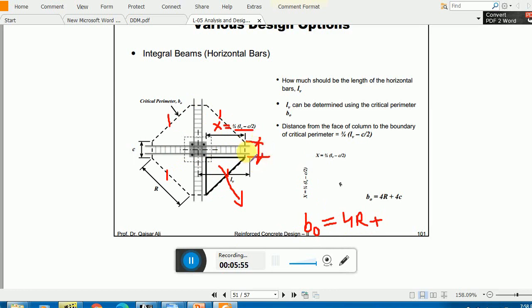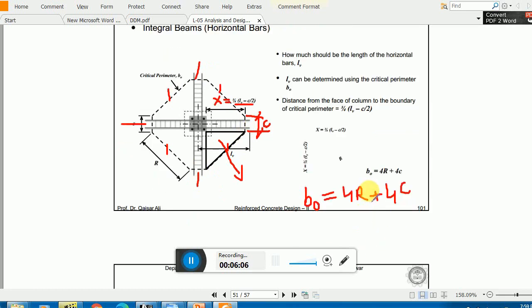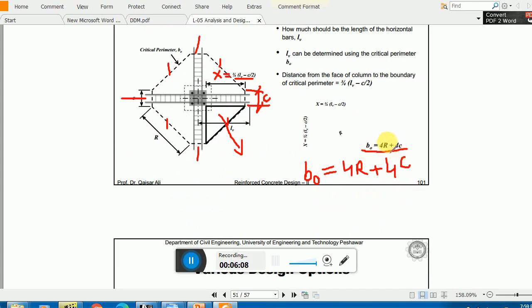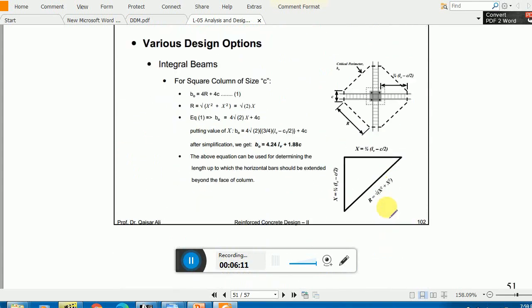This distance is equal to the face of the column, that is C. So we have 4C, 1, 2, 3, and 4. So we have to add up this 4C. Once you get your R value from this triangle, R will be equal to the square root of x squared plus x squared. Further simplifying this, it will be equal to root 2 times x. Plugging in the R value here, R will further be equal to this.